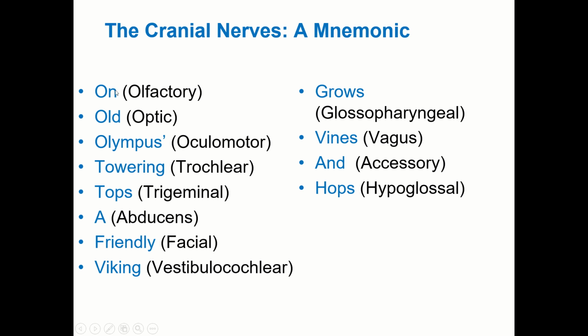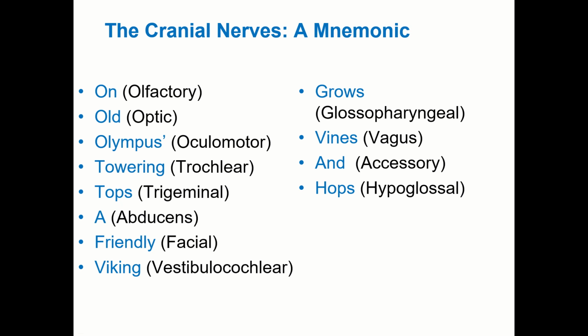And so you can see there, there's 3 O's on old Olympus, so that's olfactory, optic, oculomotor, towering tops, trochlear, trigeminal, the A is for abducens, and then our friendly Viking, facial and vestibulocochlear, grows is glossopharyngeal, vines, vagus, and hops, the accessory nerve, and then the hypoglossal nerve.